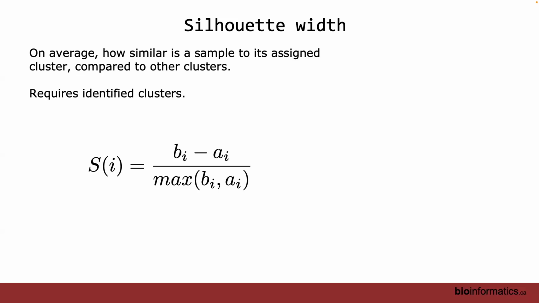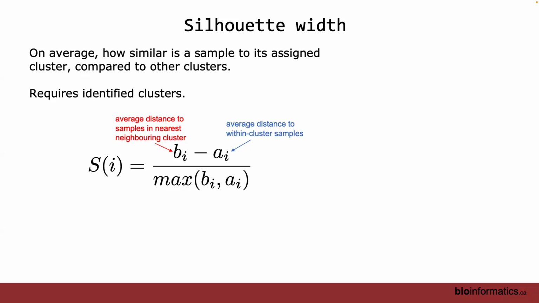The silhouette index of a sample tells you how close that sample is to its nearest neighbor compared to samples in its own cluster. Does that make sense? Intuitively, it makes sense.